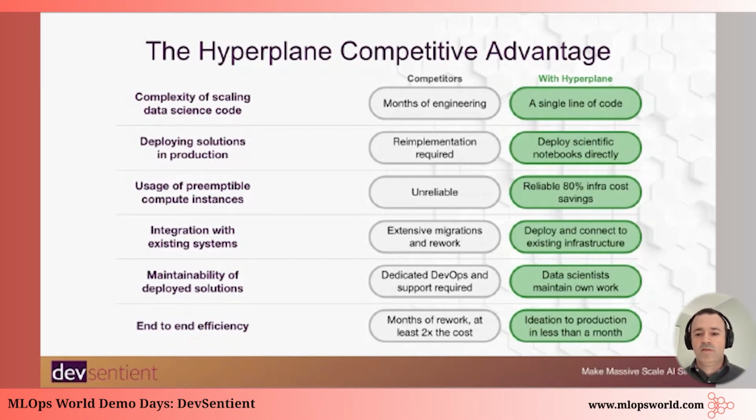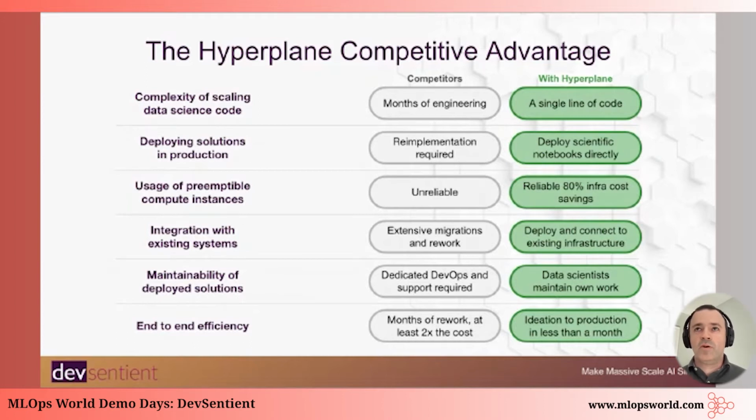And so what that means is that you can reliably run most of your workloads while saving about 80% of the infrastructure cost. Because if you think about a pipeline that's processing, let's say, 20 terabytes of data every 5 minutes, and there's actually one company using Hyperplane exactly this way, when you're processing that much data that frequently, being able to do that on spot infrastructure saves you very significant amounts of infrastructure spend per year.